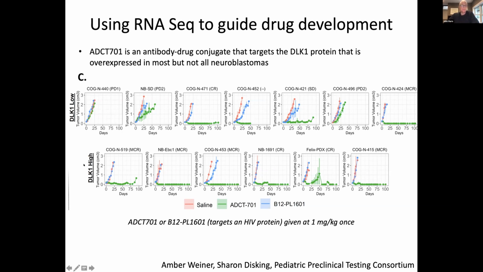Most have very high expression, but some have low expression. In this study, we were able to show that this cell, based on the RNA and the protein, had no expression of DLK1, and the drug didn't work at all. This one had a little bit of expression and a little bit of activity, but all of these tumors down here had very high expression and very good anti-tumor activity.